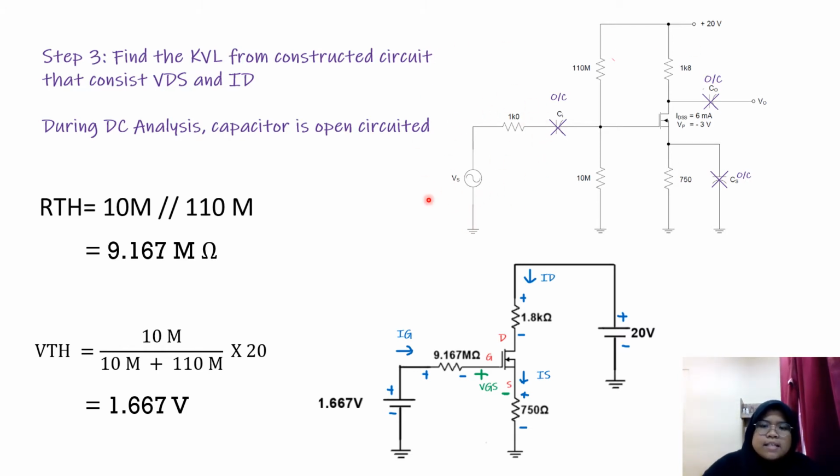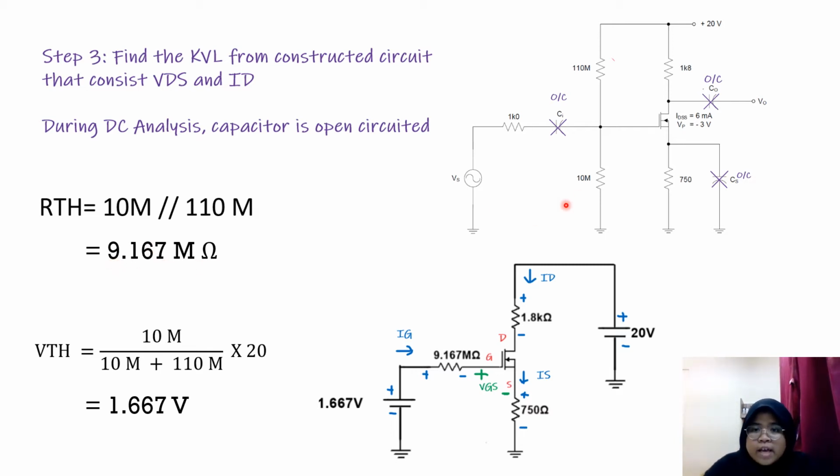As we can see, the circuit is a Thevenin circuit between 10 mega and 110 mega. So at this part, we have to find the values of RTH and VTH. To find RTH, it is 10 mega parallel with 110 mega, so the answer is equal to 9.167 mega ohm.